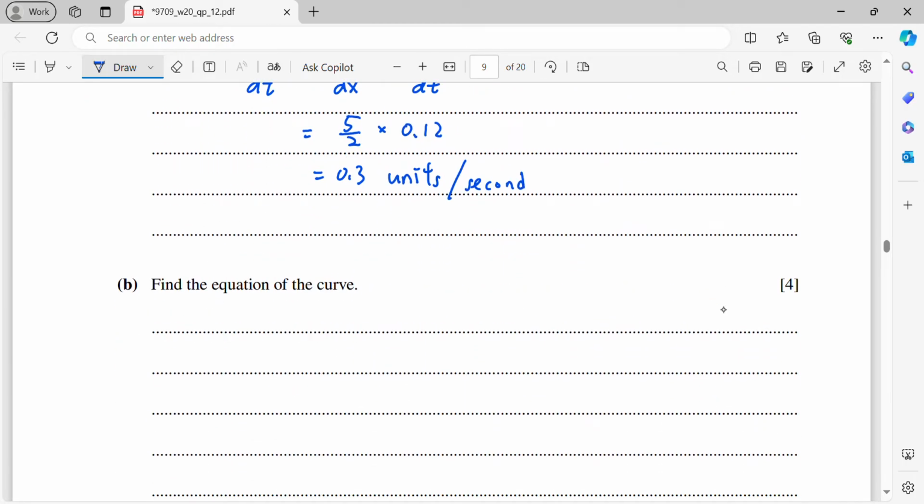Now B, find the equation of the curve. Okay, for your information, you are given f prime x. Basically, if you are given f(x), we differentiate and we get f prime x. But now you are given f prime x, and to get back f(x), which is our curve equation, you are integrating it, because the reverse process of differentiation is integration.